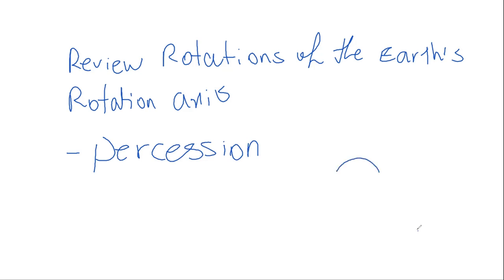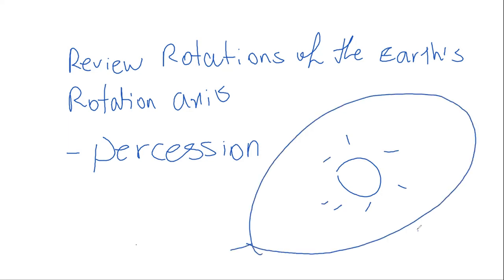And if you have the sun here, this is the ecliptic. The ecliptic is the plane that the Earth is moving around the sun. So there's a trajectory or the orbit.